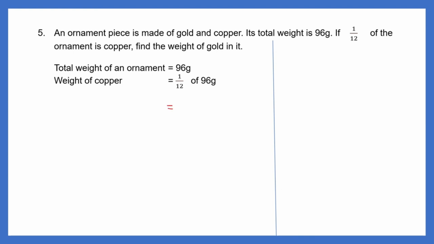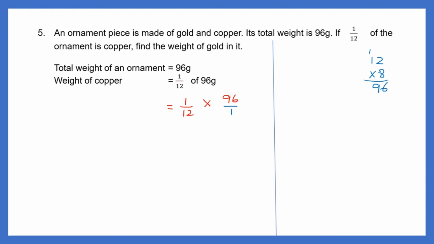So let's find that. 1 by 12 of 96. Let's give it the denominator 1. Now, is there something that we can cancel? Yes, we can cancel 12 and 96. Let's see, 12 into something will give us 96. Let's try 8. 8 twos are 16. Carry 1. 8 ones are 8, 9.